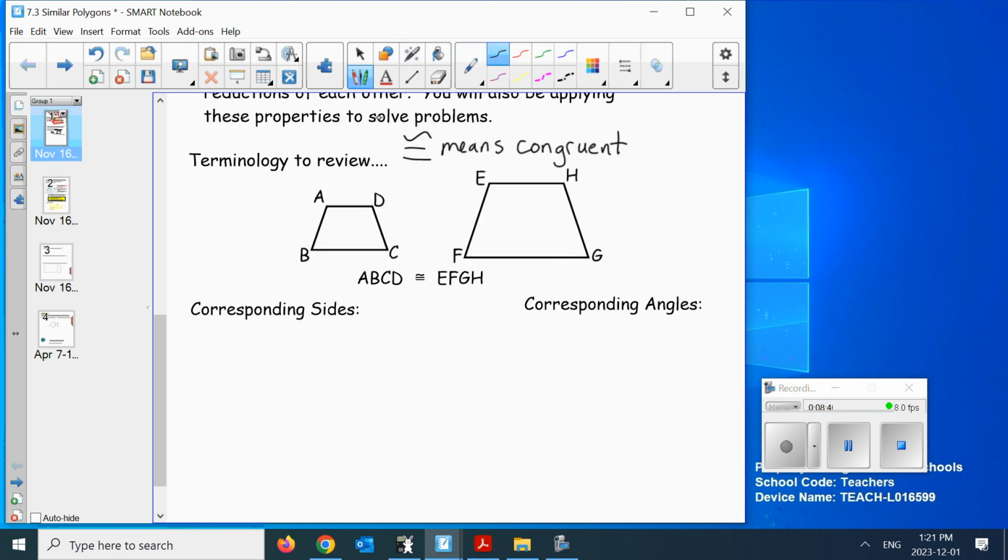So I'm going to switch now to ink that doesn't disappear. We're going to say that the corresponding sides, or the congruent sides, AB. You guys ever use this kind of symbol for a line segment, right? Back in the day, grade 7.